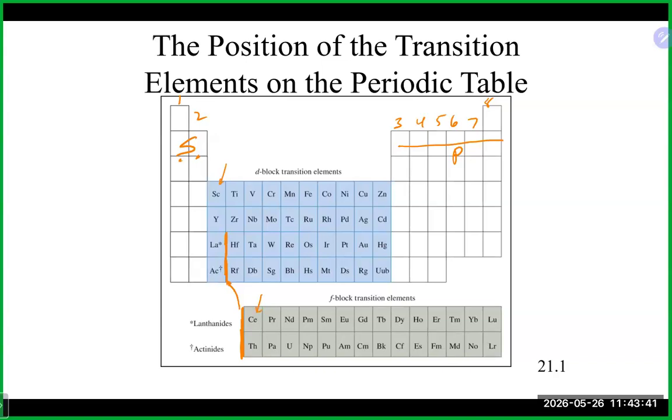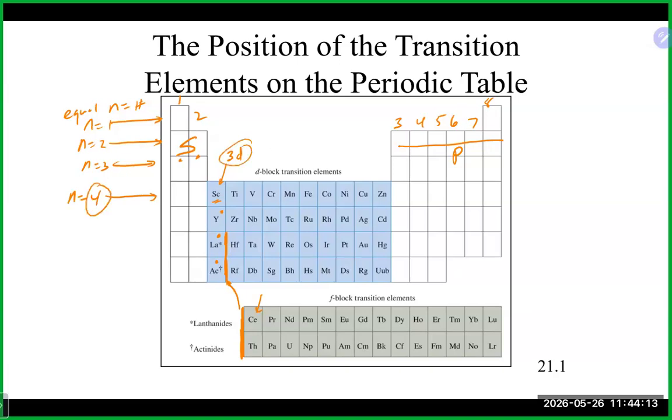Remember that because the Ds do not start until the 3rd energy level, this is 3D here and not 4D, and then 4D, 5D, and 6D coming down. The period numbers going this way are equal to the principal quantum number, basically. So that would be n equals 1, n equals 2, n equals 3, n equals 4.